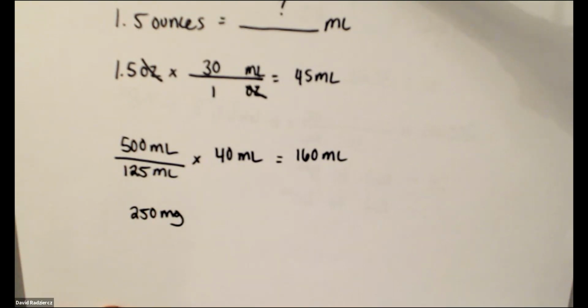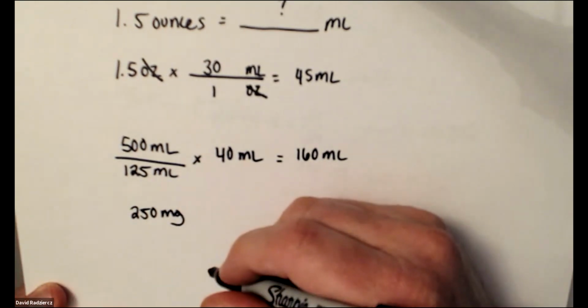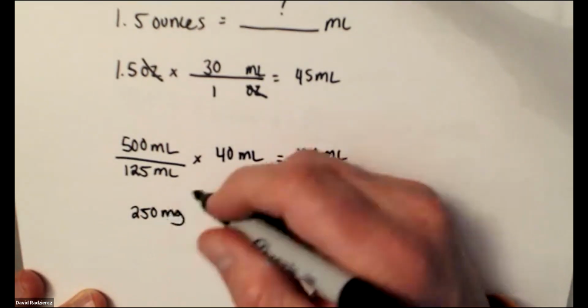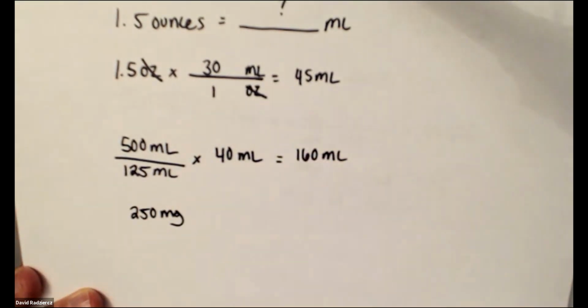Okay. So the order is 250 milligrams. And then the question is, how many teaspoons will you give if it's labeled as shown below? So the way it's labeled is 125 milligrams per 5 ml. Now, I'm going to show you 2 ways in order to answer this question. So I'm going to show you the long way first.